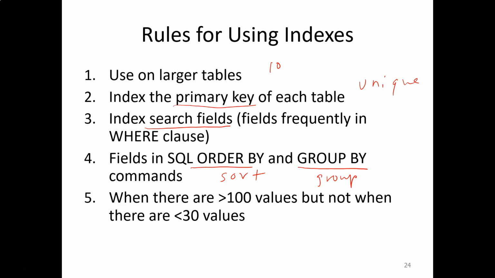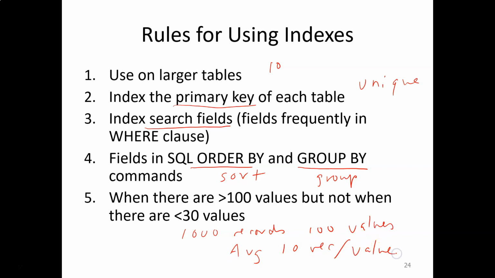And also when there are more than 100 values but not less than 30 values. Why is that? Well, let's say you have 1,000 records, okay, and the field you are going to index has 100 different values. So what it means is, on average, there will be 10 records for each value. So how an index works is, it will create a table with two fields.